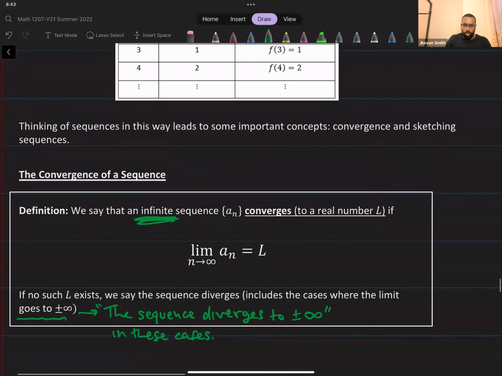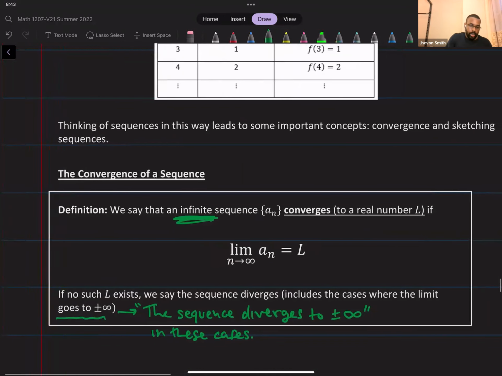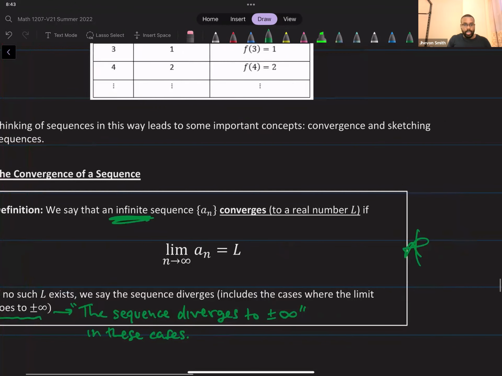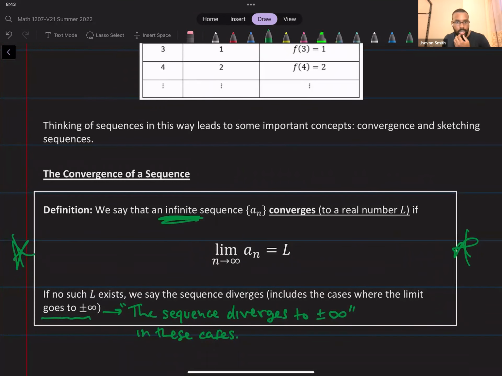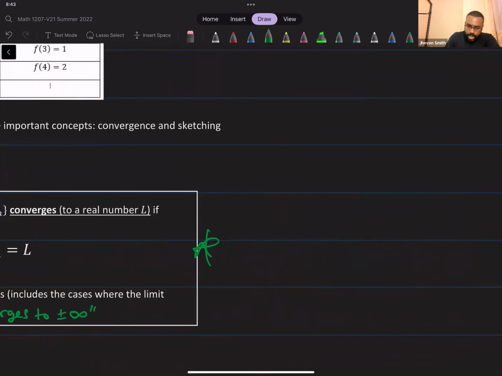Now, because we're always talking about the limit as n goes to infinity, by the way, this is a definition that I do want you to remember, because it is something that you will need to know. Does the sequence converge? What does it converge to, etc.? And so I can also make the statement that it is always the limit as n approaches infinity.